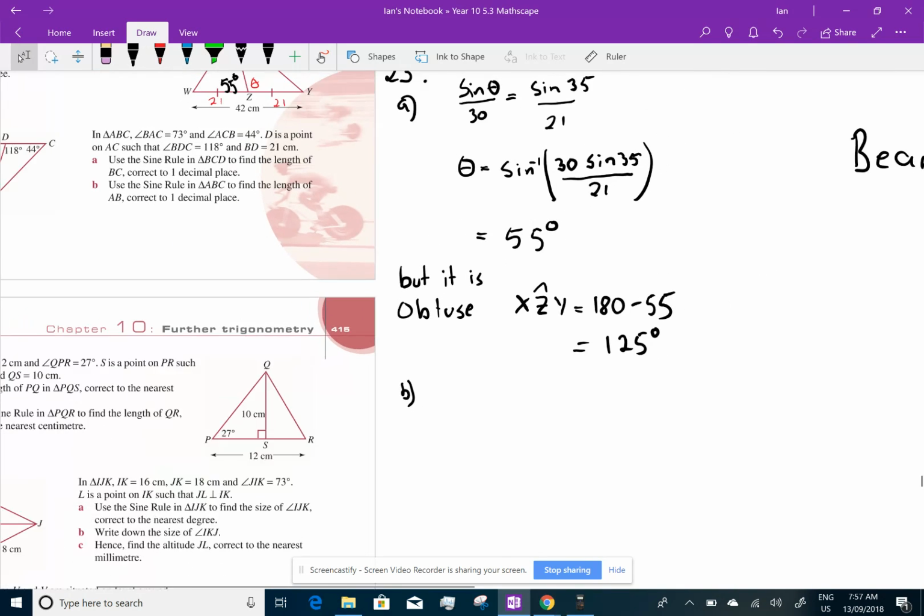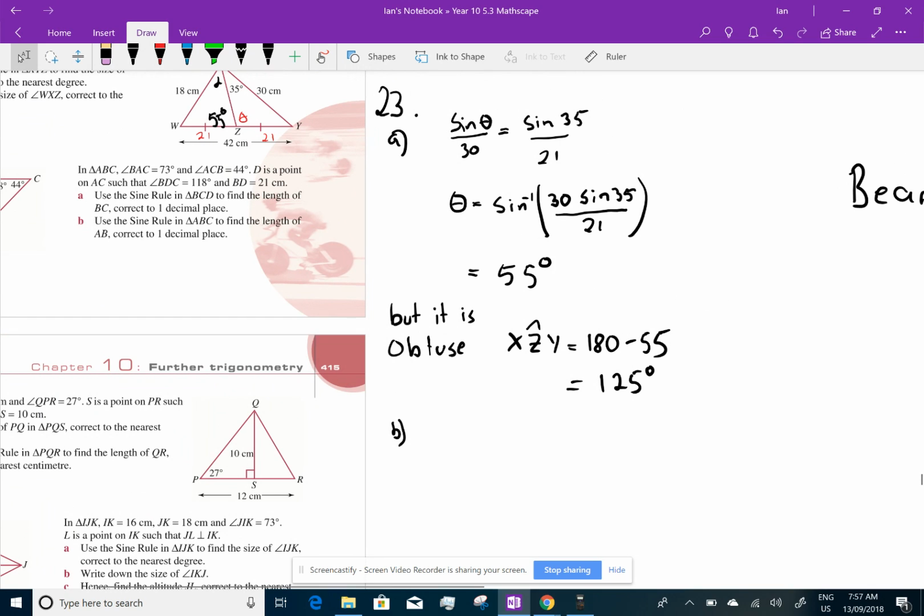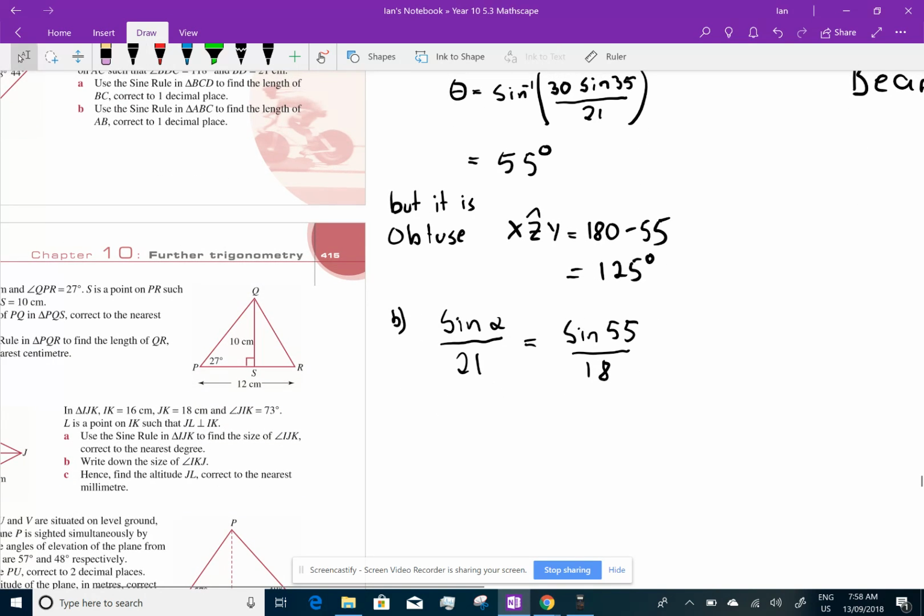let's have a look at it again. Sine alpha, and I'm looking at this, it's acute, over 21 equals sine 55 over 18. Again, I'm going to do it all in one go. So alpha equals inverse sine, multiply the 21 across, 21 sine 55 over 18. Go to your calculator.